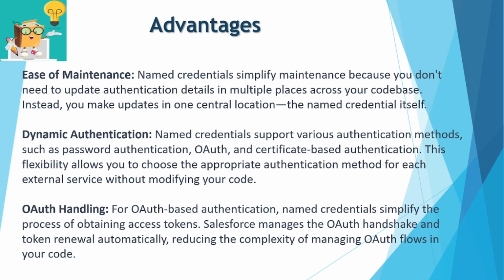Then you have OAuth handling. Name credential simplifies the process of obtaining the access token. When we provide the refresh token in the scopes, it automatically gets the access token and applies it to your callouts. So these are some of the advantages of using the name credential.